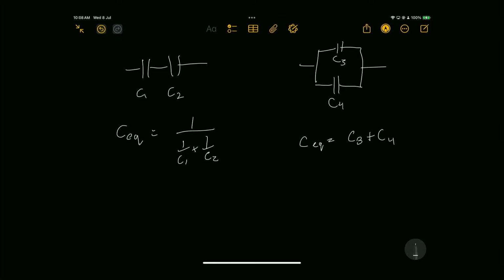C3 plus C4, right? So we could see that it's basically the opposite of resistance, right? In series, for resistance, the equivalent resistance was the same formula as for the capacitance in parallel, and vice versa, right? So we did a question with resistance already.